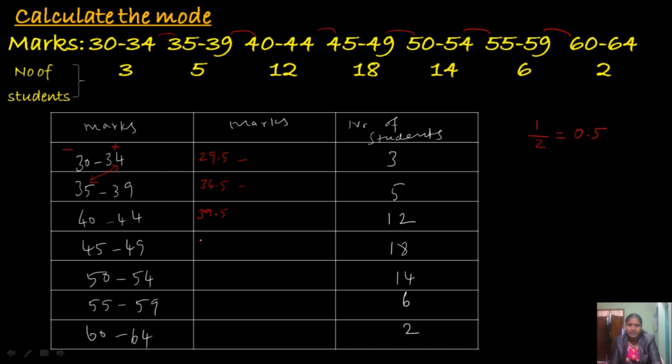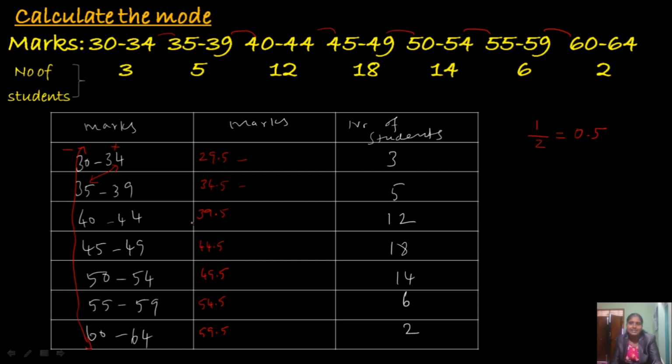Here 45 minus 0.5, 44.5, then 49.5, 54.5 and 59.5. That is, you have to subtract 0.5 from all lower class limits.